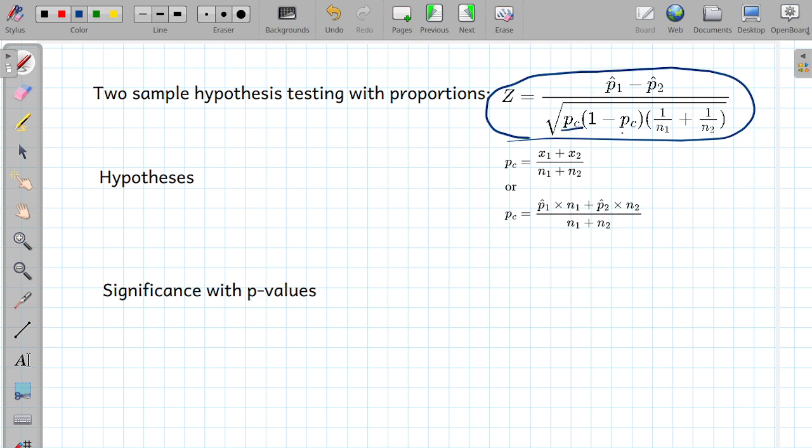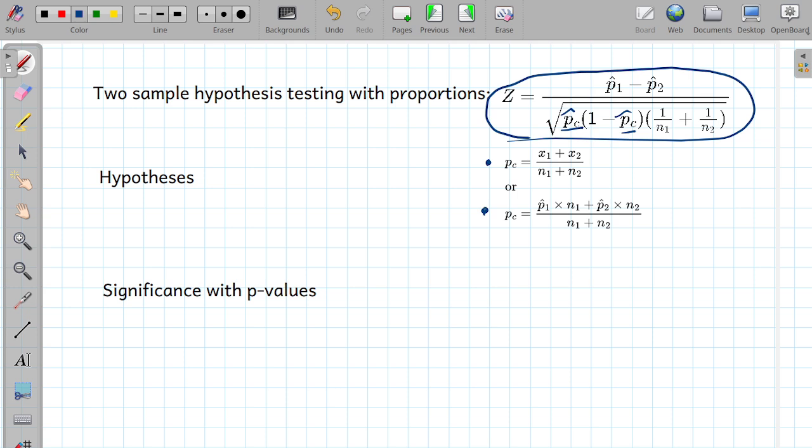So I'm using the subscript C to say combined. Now some formula sheets have it written like this. Some will have a hat on the P. It doesn't really matter. The point is we have to use either this formula or this formula to find the weighted average of the two proportions.